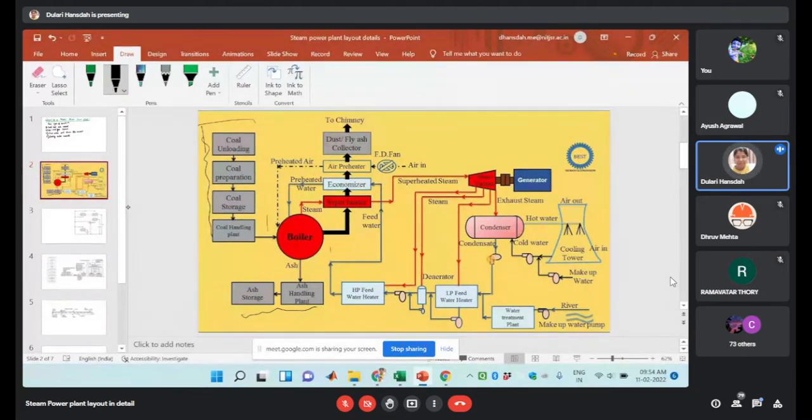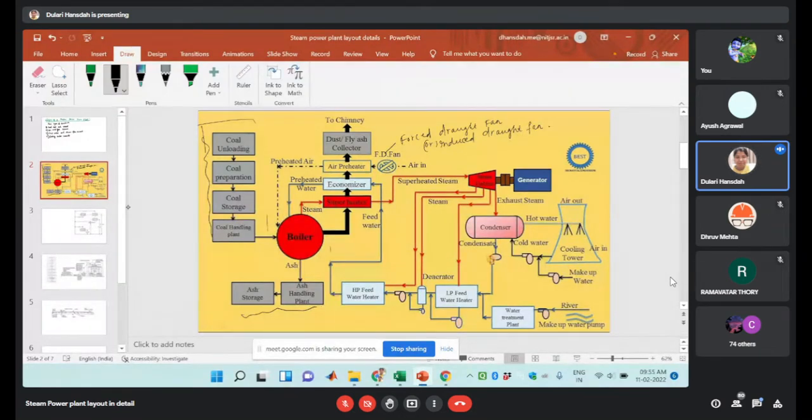In the case of the air circuit, the equipment here is the forced or induced draught fan. Here you can use the FD, which means the forced draught fan, or we can use the induced draught fan.